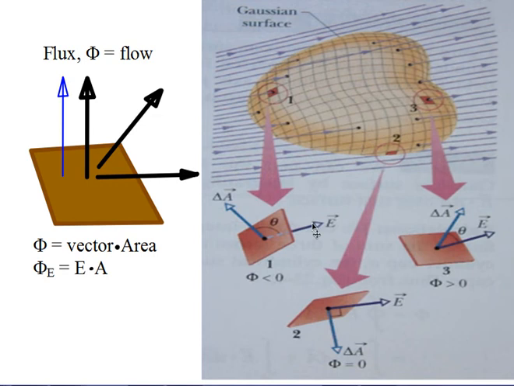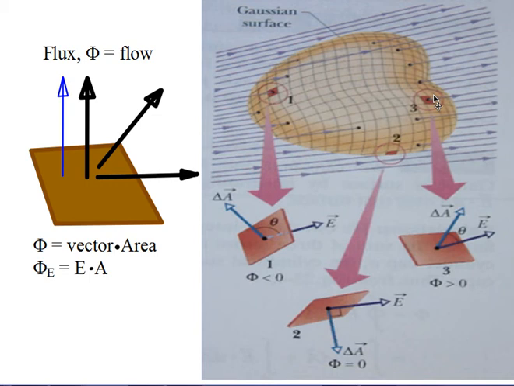The field dotted with the area is going to get you a flux that is less than 0. The angle between those two is bigger than 90, and so when you take the cosine of that, after all this is a dot product, you get a negative value. To flow into the surface is negative flux.